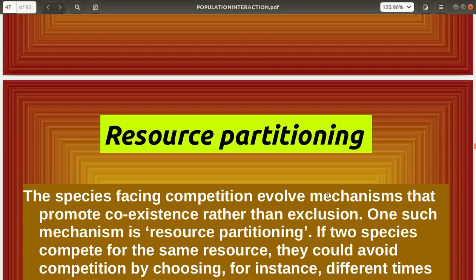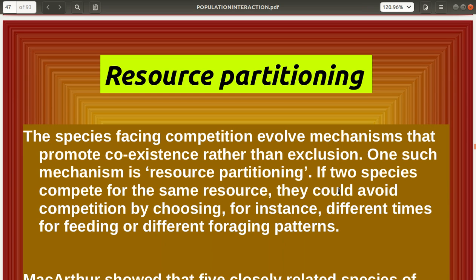Then resource partitioning. Competition need not always be lethal; species can also go for resource partitioning. The species facing competition evolve mechanisms that promote coexistence rather than exclusion. One such mechanism is resource partitioning.